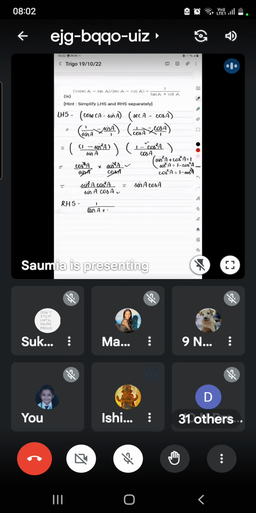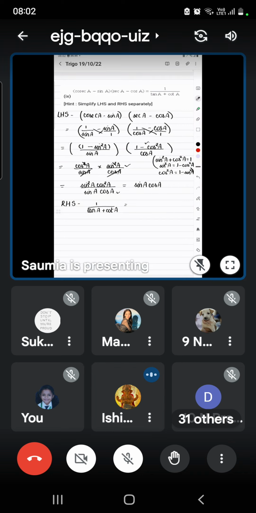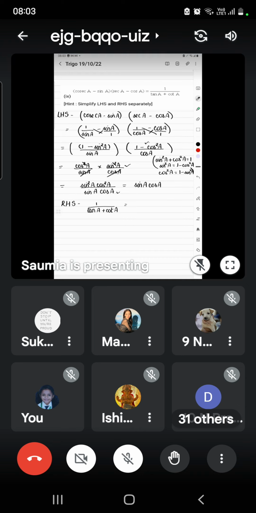Ma'am, I didn't understand how we obtained cos square A into sin square A divided by sin A and cos A. Okay. You understood why I wrote this as cos square A? Yes, ma'am.